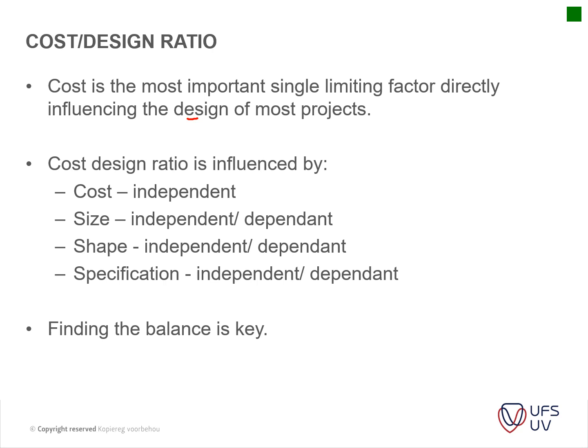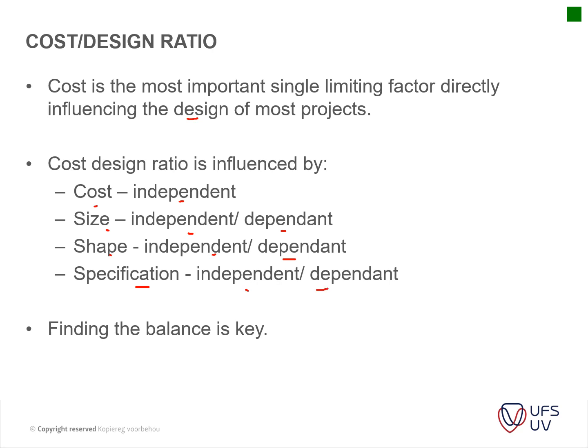The cost design ratio is influenced by the cost, which is independent, because the client knows or has the funds. The size of the project is independent and also dependent on the cost. The shape, same thing, is also independent and dependent on the cost. And then you've got your specifications, independent and dependent on the cost.